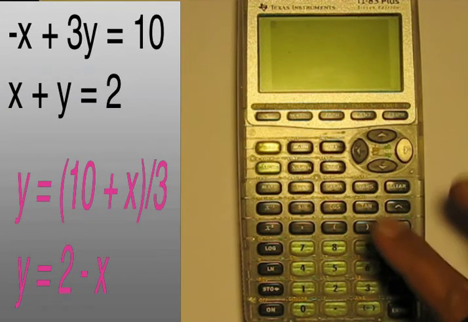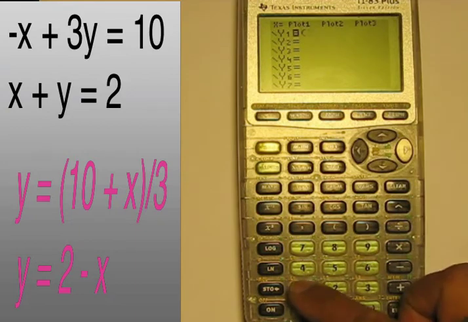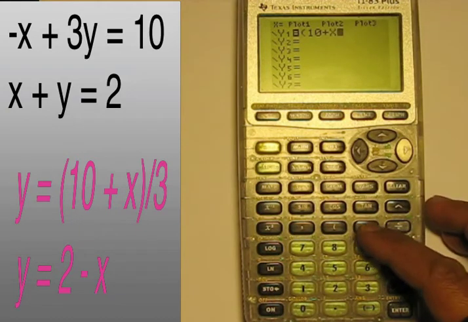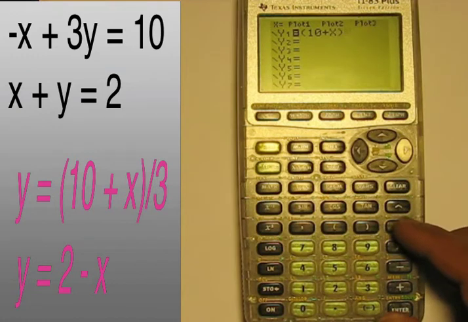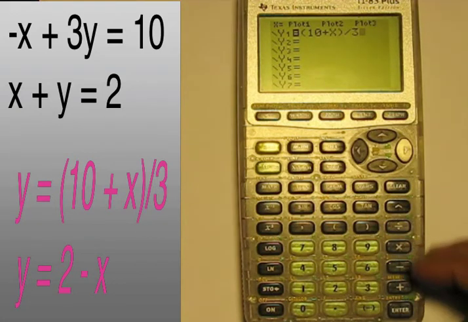Once we solve them for y, we input them under the y equals editor. The first one I'm going to put in as parentheses 10 plus x, close parentheses, divided by 3. And the second one is 2 minus x.